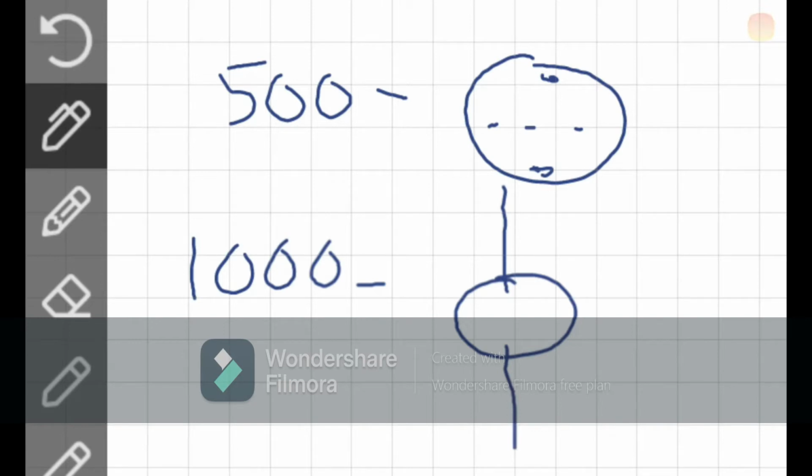And then draw 3 shades at the center of the figure. So 1, 2, 3. So that's it. So these are the symbols for 500 and 1000 in Etruscan numbers.